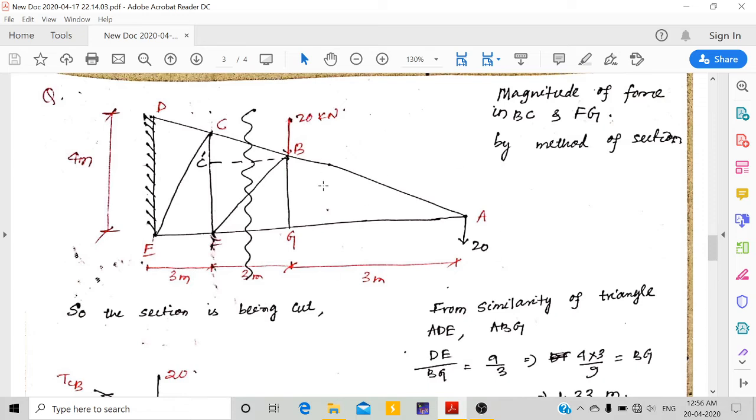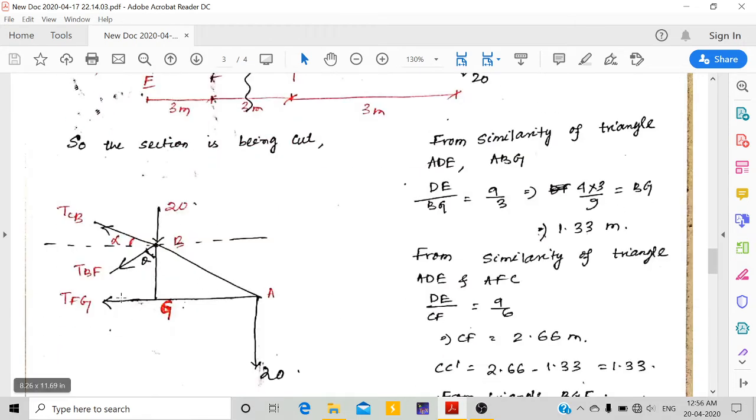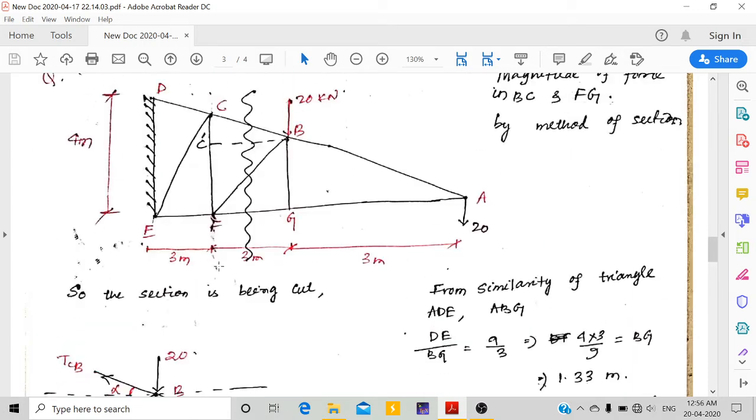So what I have done here, the free body diagram you can see here, TCB is making alpha degrees with the horizontal. This is my theta degree. This is my theta degree. So from similarity of triangles, I will calculate these heights B, E, G, C, F, right? So from the similarity of triangles ADE and ABG, I calculated this BG.